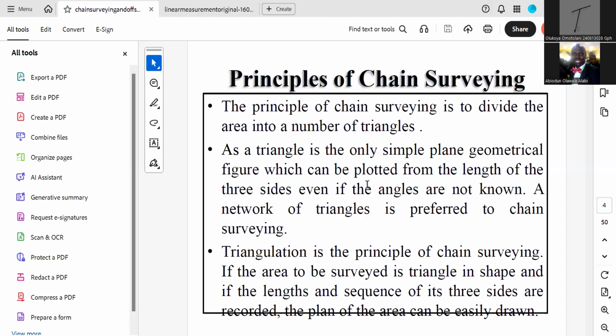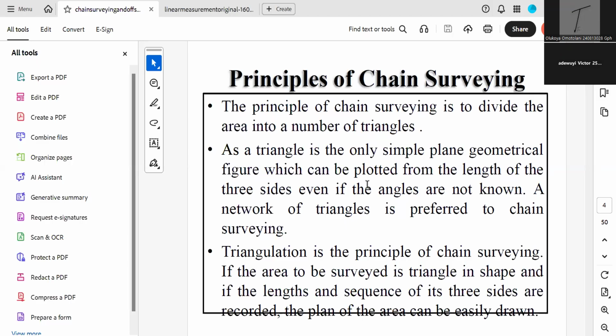The principle of chain surveying is to divide the area into a number of triangles, and that process is triangulation. So that's why we simply say the principle of chain survey is triangulation, as a triangle is the only simple plane geometrical figure which can be plotted from the lengths of the three sides, even if the angles are not known.